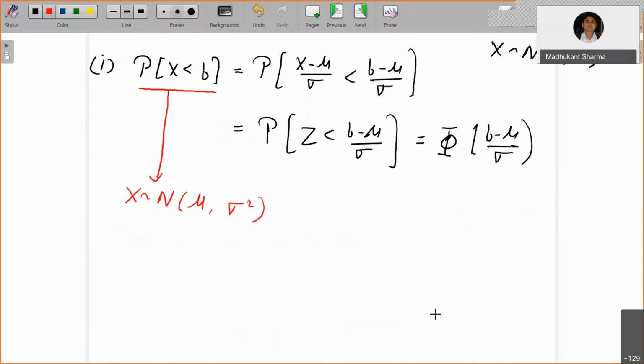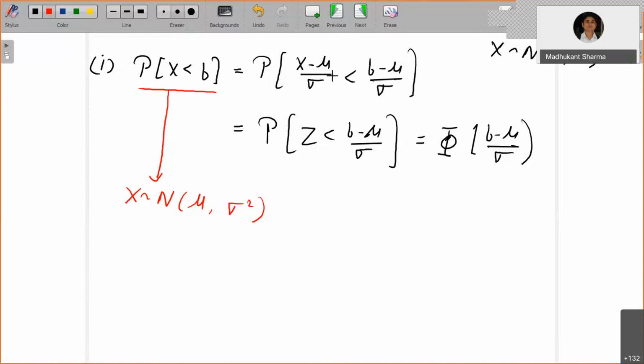The standard normal table gives you values of the distribution function of the standard normal variable, that is, the area covered by the standard normal variable. So it is important to convert this into the equivalent event for the standard normal variable. How? You subtract mu on both sides and divide by sigma on both sides.